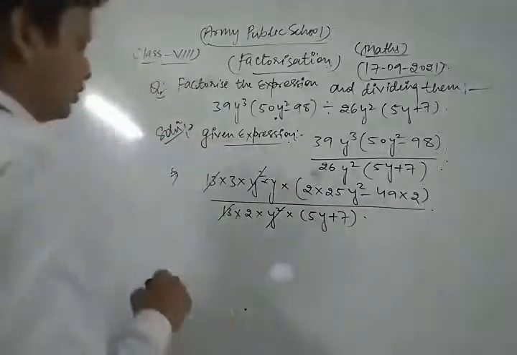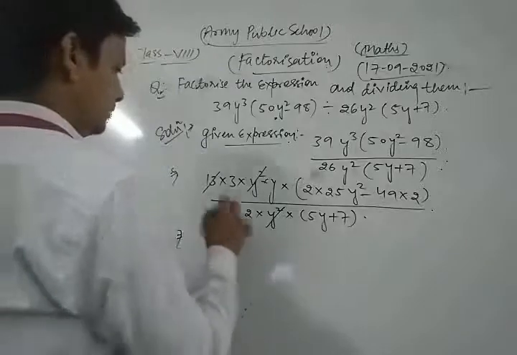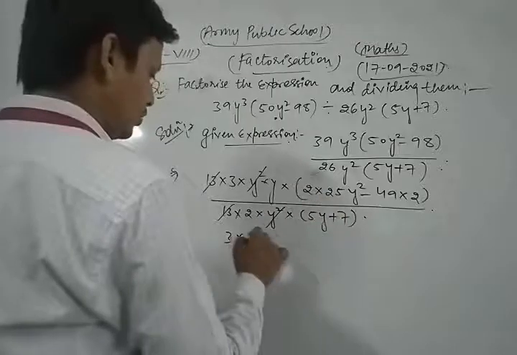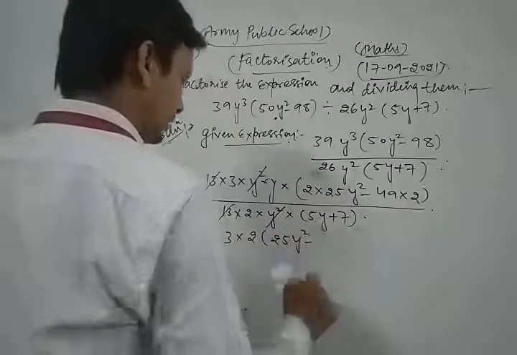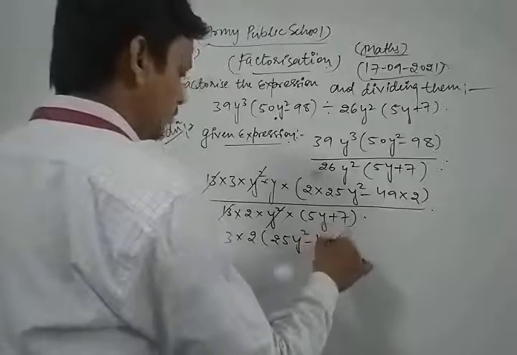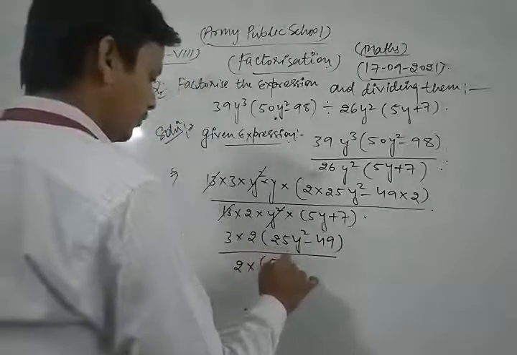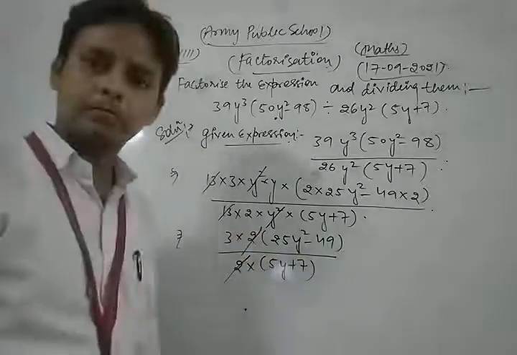Now we get 3 into, taking 2 as common, 25y square minus 49, divided by 2 into 5y plus 7. The 2s cancel each other.